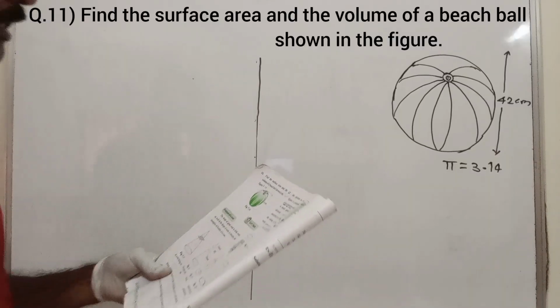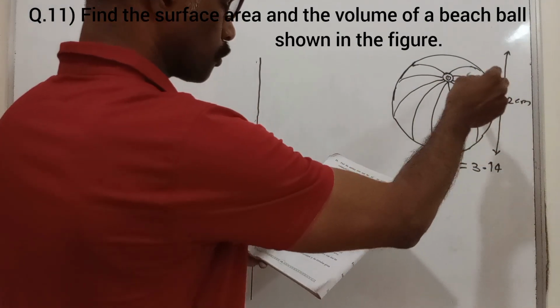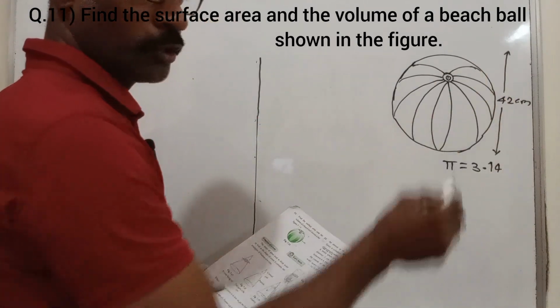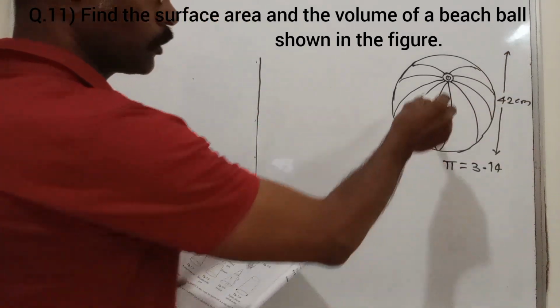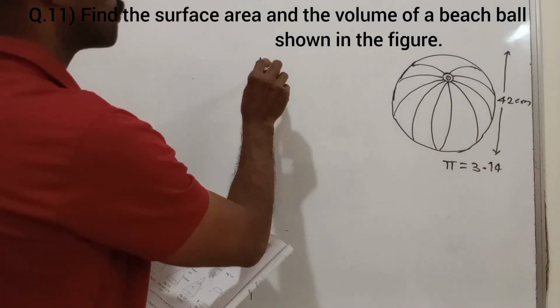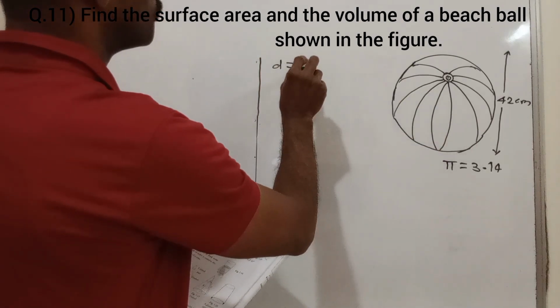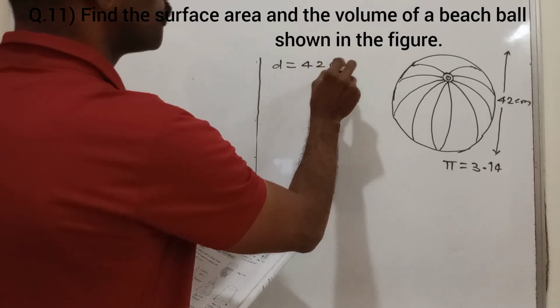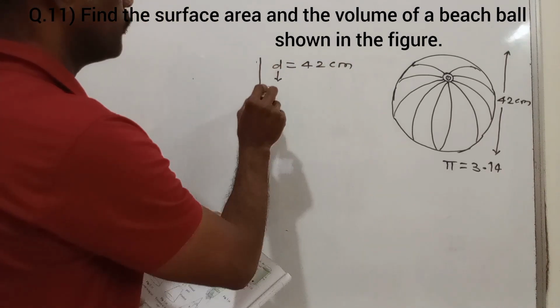Question number 11. Find the surface area and volume of a beach ball shown in the figure. Now we have given the diameter of this beach ball. So first we write diameter D is equal to 42 centimeter. Now we know the formula for diameter.